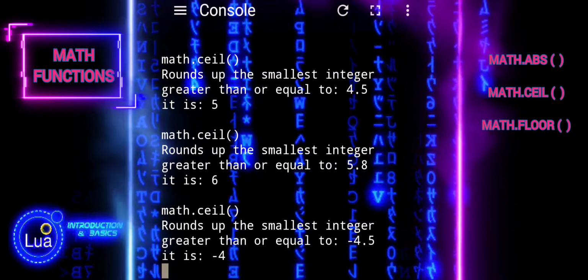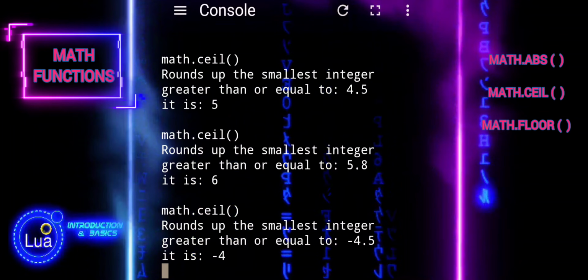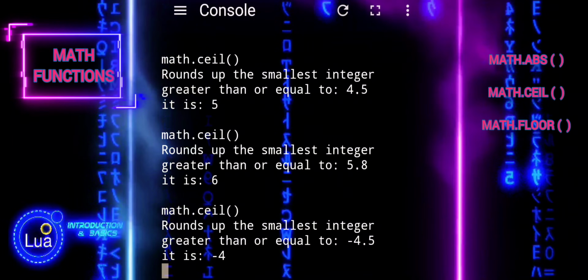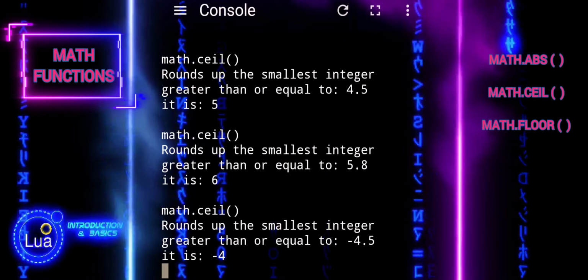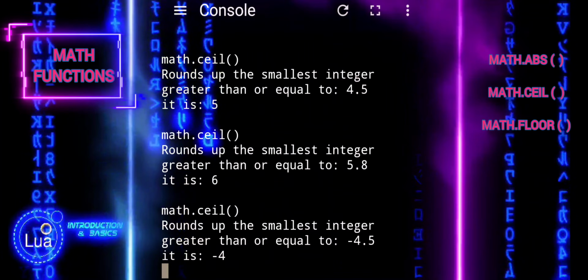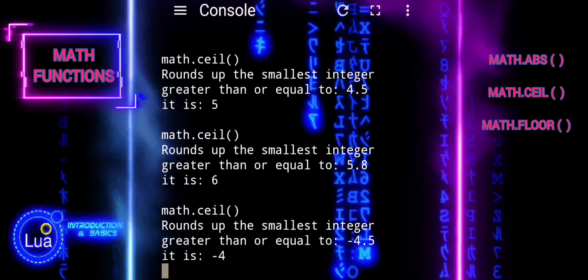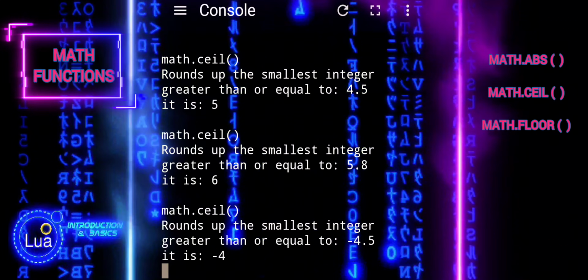This might seem a bit tricky, but it's important to remember that math.ceil rounds towards positive infinity. So, the result is -4, because it is the smallest integer greater than -4.5. Understanding the behavior of the math.ceil function is essential for tasks like rounding up prices, calculating quantities, or any situation where you need to ensure values are rounded up to the nearest integer.